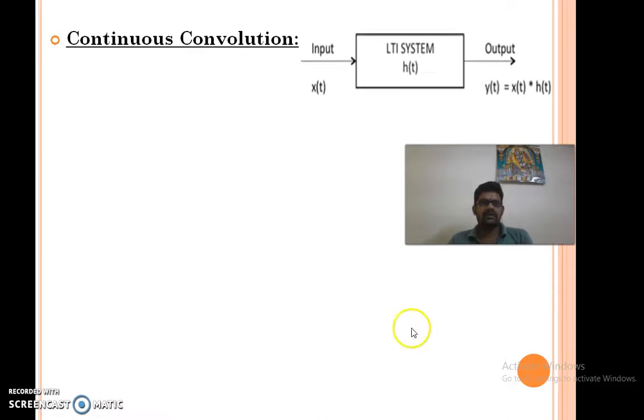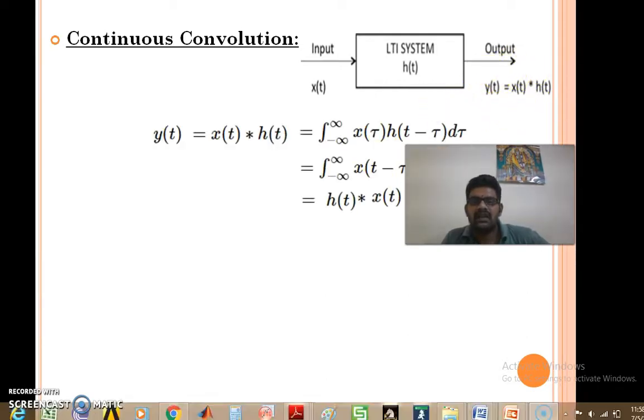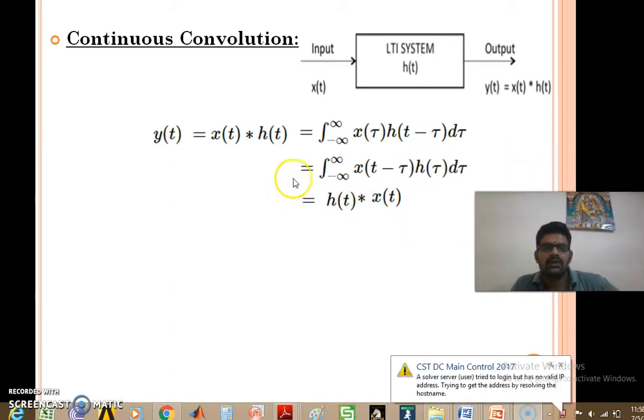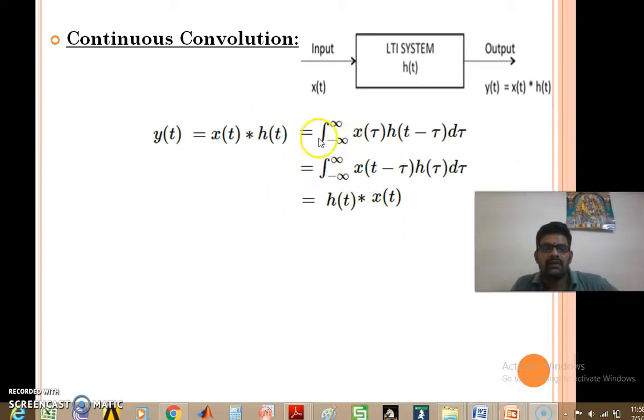Continuous convolution is defined when the system is a continuous system. Input is x of t, output is y of t, and the system response transfer function is h of t. So y of t is equal to a transformation of x of t. The transformation is indicated by using the convolution sum. y of t is equal to x of t convolved with h of t. The convolution sum formula is the integral from minus infinity to plus infinity of x of tau h of t minus tau d tau.